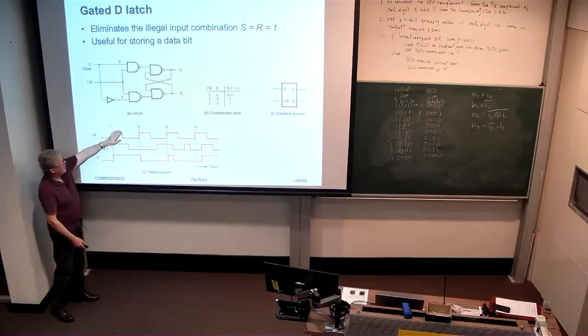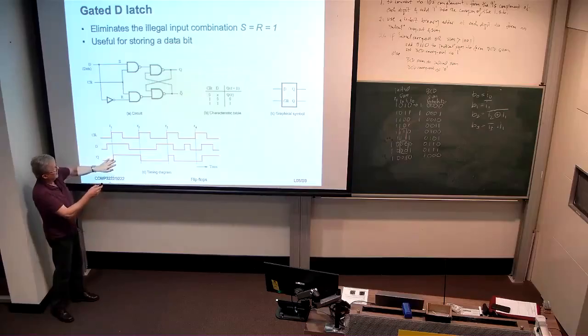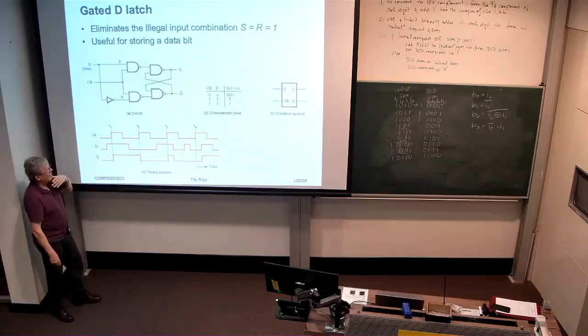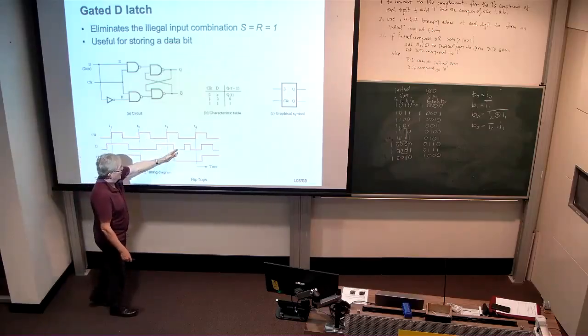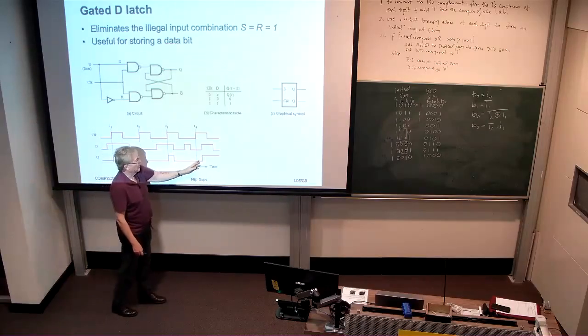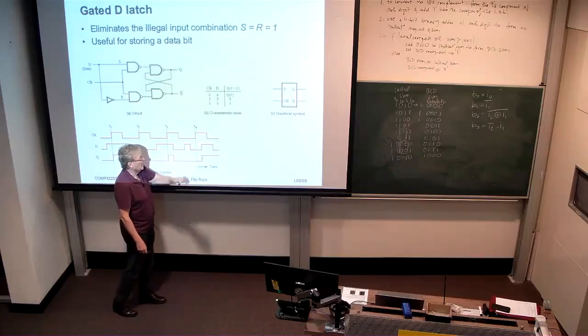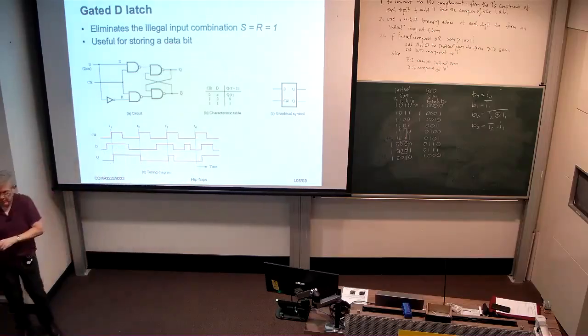So when the clock is high, we see whatever is on the D input being reflected in the output of the latch, and whatever the value of D is when the clock goes low again, that is what's stored in the latch until the clock goes high again, in which case the D input again is what is reflected on the output of the latch.